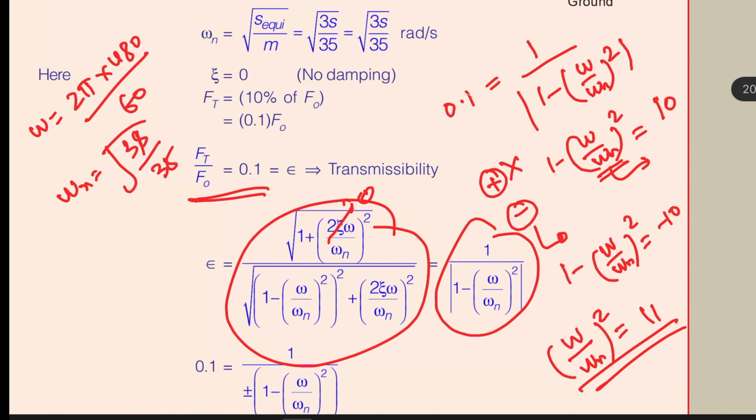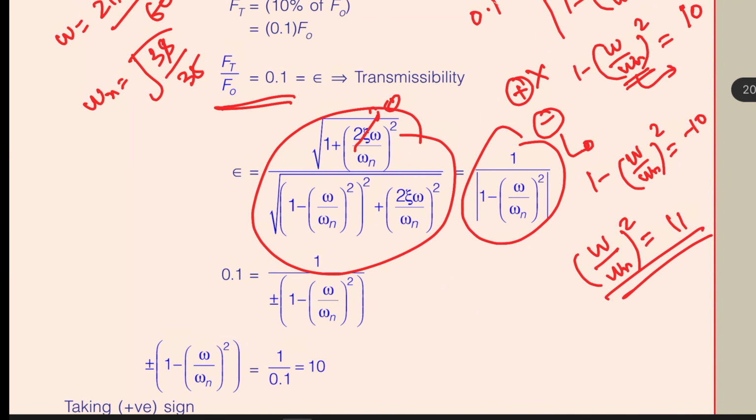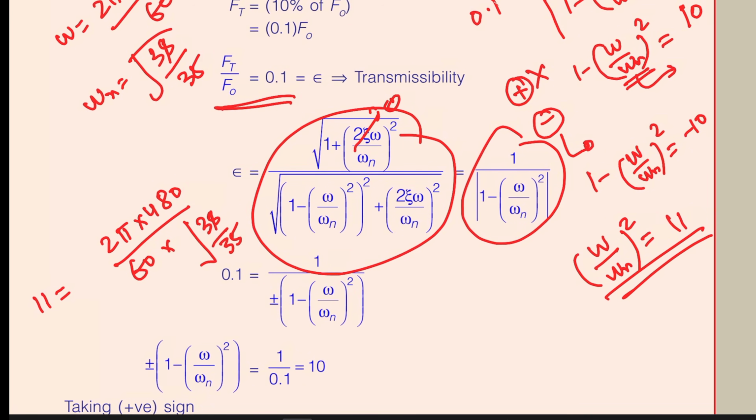So this is the equation in which we need to put the values of omega and omega n, then solve for s. So let's take a look at this. 11 is equal to omega, which is 2 pi into 480 divided by 60, upon omega n, which is root over 3s divided by 35, whole square.